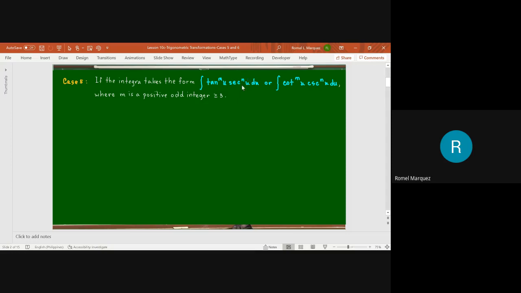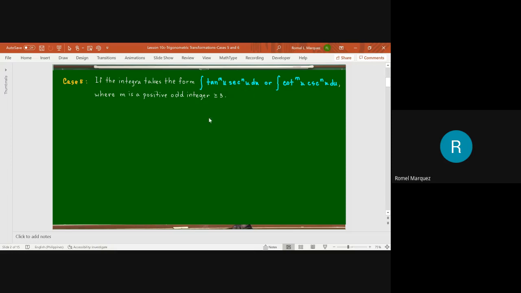If case 4, you transform coming from secant to the n. And if case 5, you transform coming from tangent to the m. But if you are wise, of course, you have to choose the smaller exponent. If m is larger than n and m is odd, you consider case 5. And let's say n is even, m is odd, but n happens to be much larger than m, so you consider n, which is even, case 4.